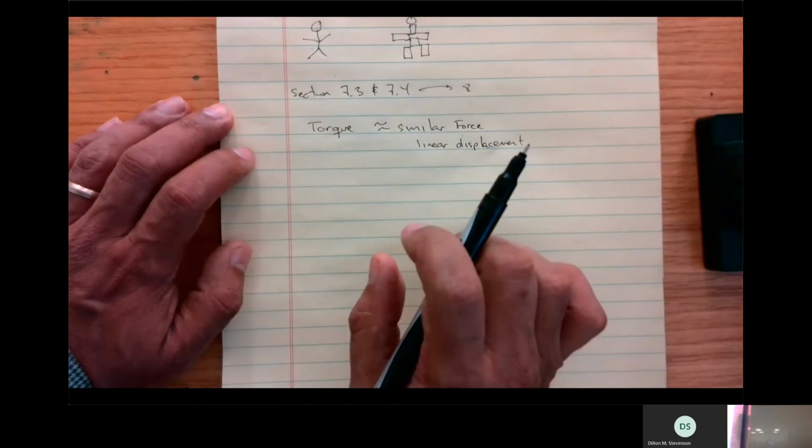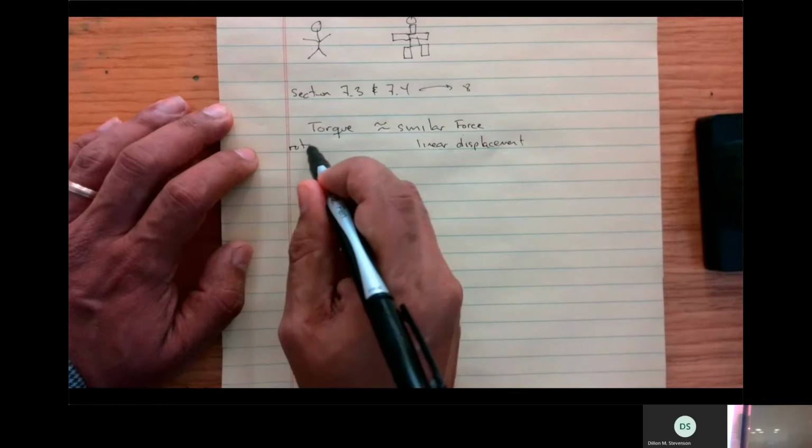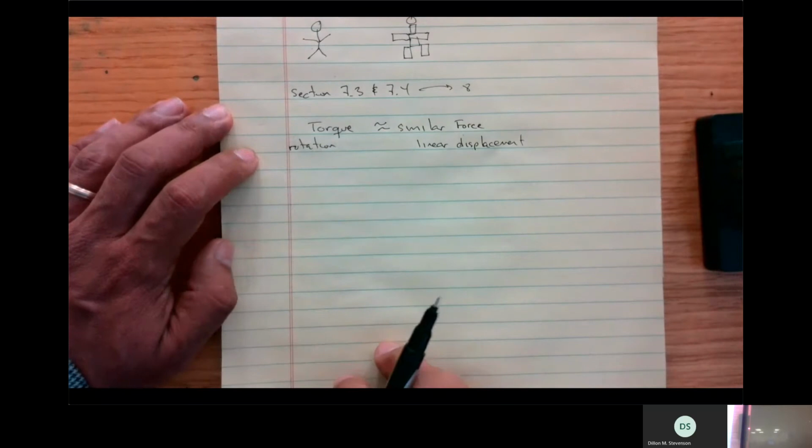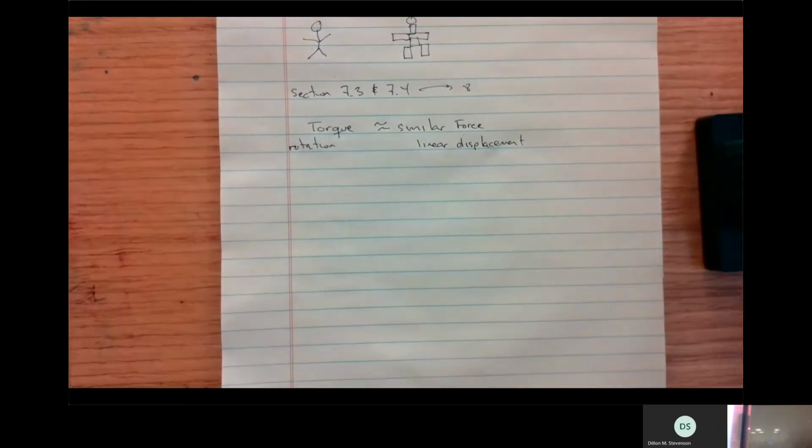Torque, on the other hand, creates a rotational displacement, or creates a rotation. So torque is kind of the equivalent of a force, but torque is specific for objects that rotate.